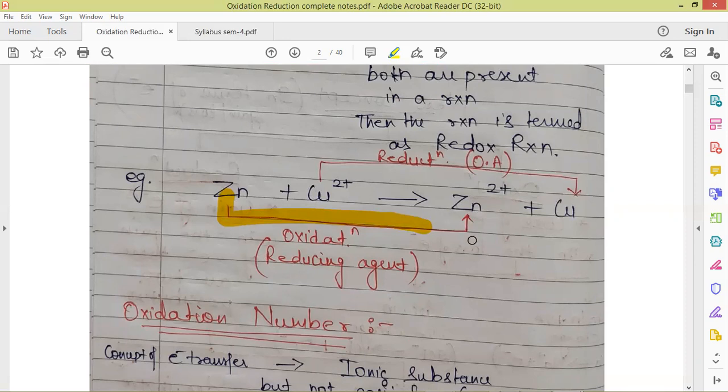So this is the oxidation half and this is the reduction half. Zinc is undergoing oxidation, that means it is a reducing agent, and copper 2+ is undergoing reduction, that means it is an oxidizing agent. So the entity which undergoes oxidation is called a reducing agent, and the entity which undergoes reduction is called an oxidizing agent.